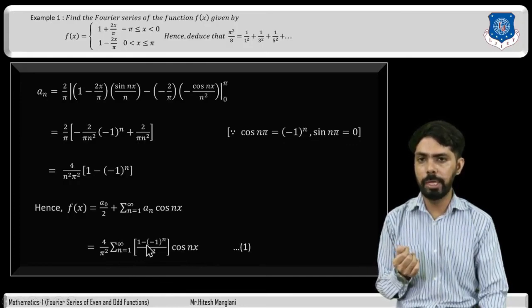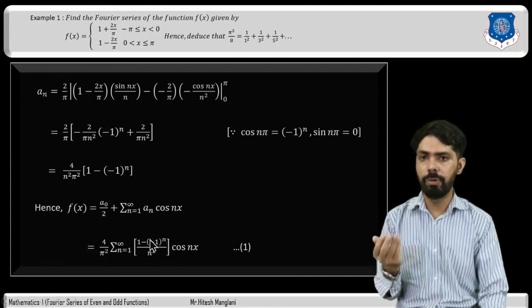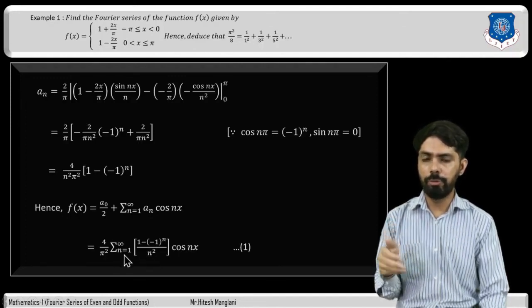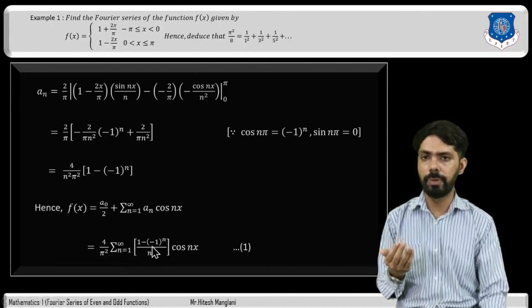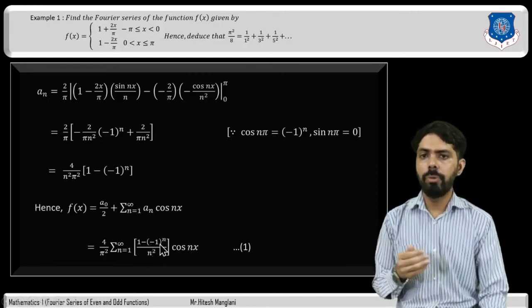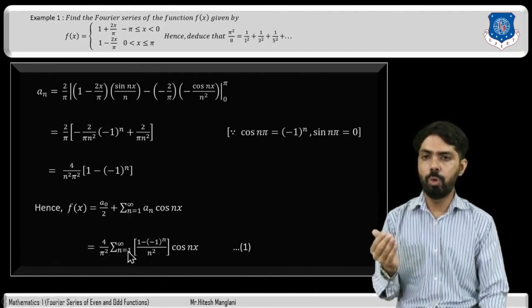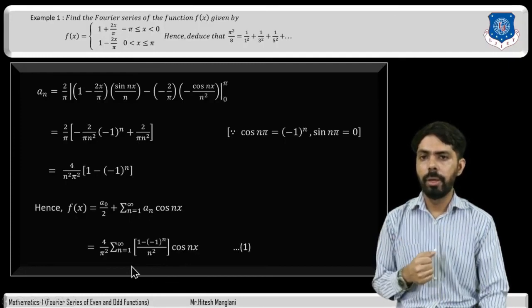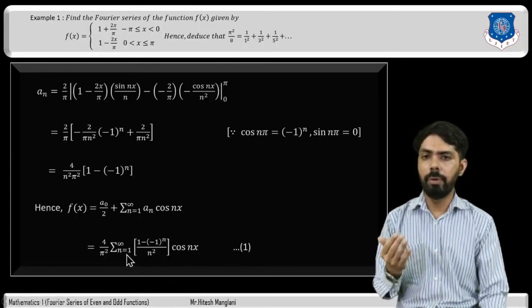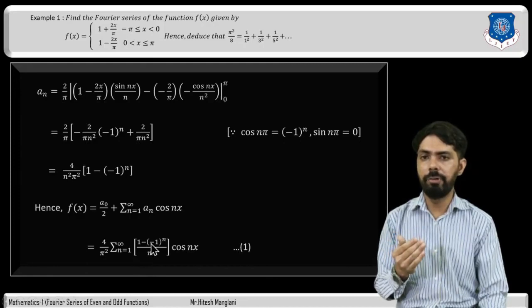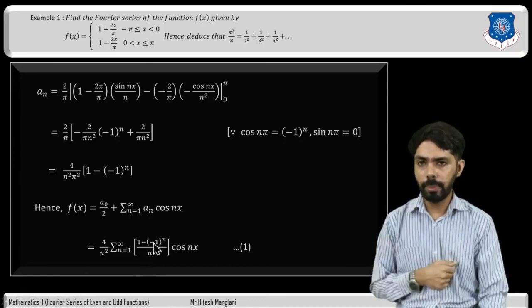If we put n = 1, then (-1)^1 is -1, so 1 - (-1) is 2, divided by 1². If we put n = 2, then (-1)² is 1, so 1 - 1 is 0. Whenever n is 2, 4, the result is 0, and whenever n is 1, 3, 5, it will be doubled.